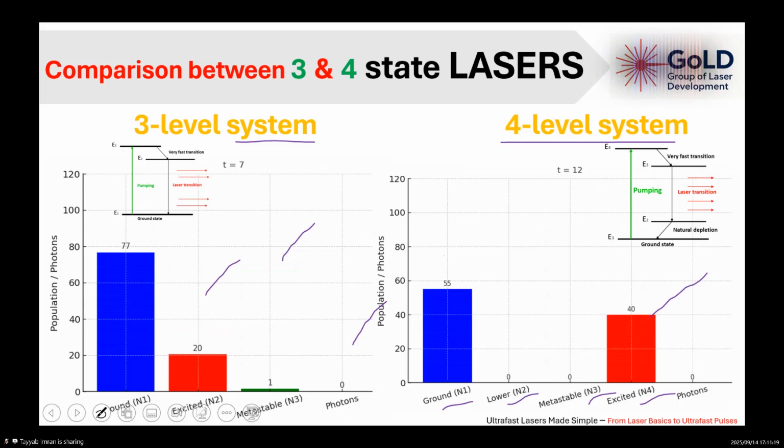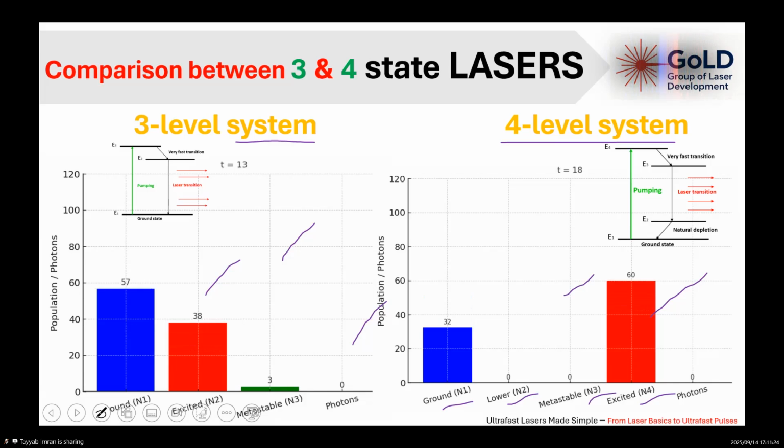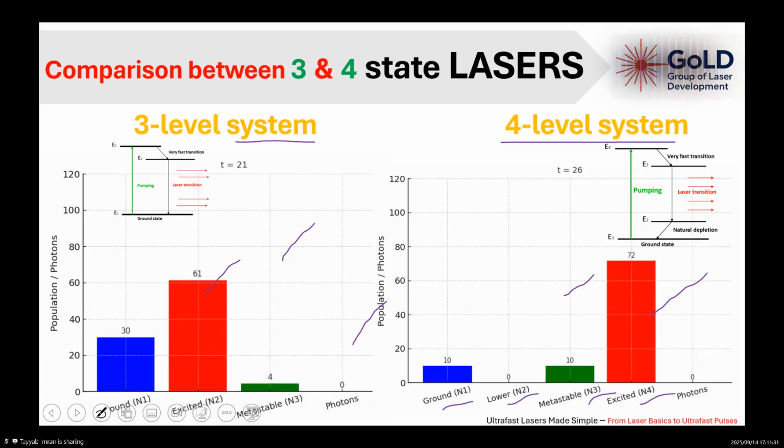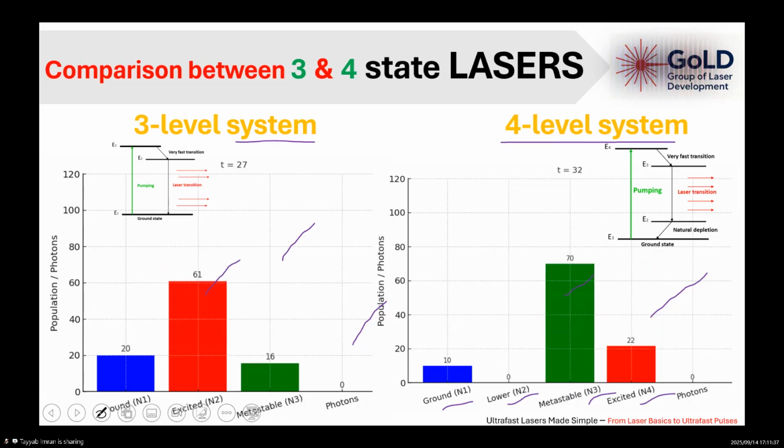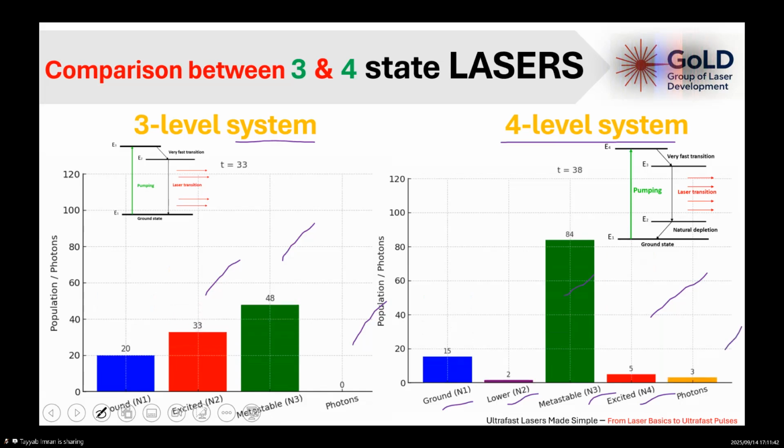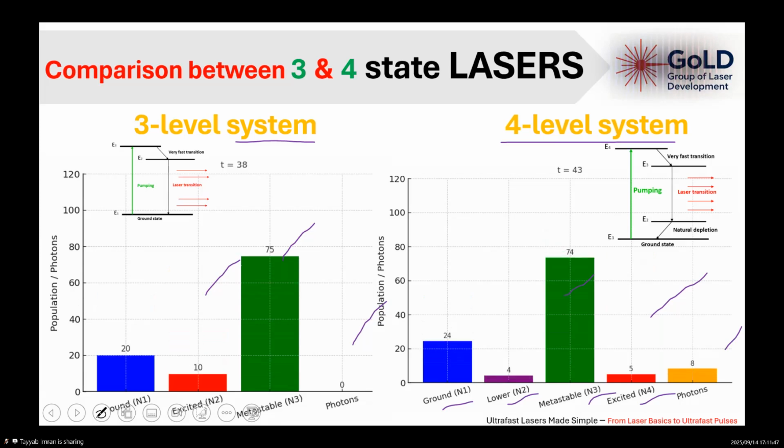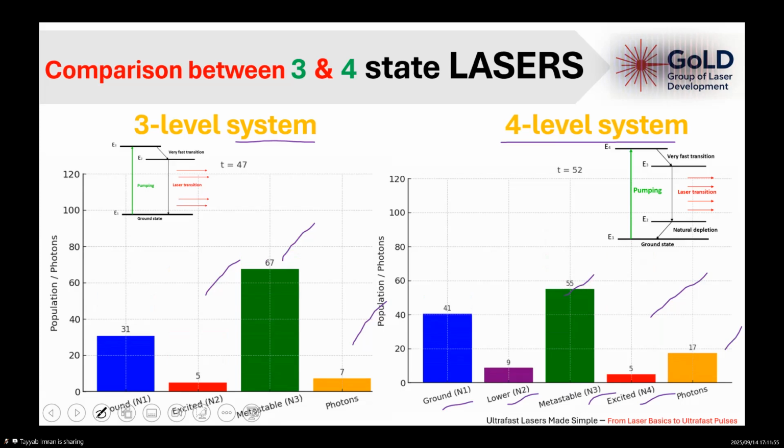From there, the metastable level fills up and gets more population. When the metastable level is populated enough, you can have a photon emission when it decays from the metastable to the lower energy level. These were the animation which I explained in the last lecture, but it was not recorded in the last few slides, so I thought to add it.